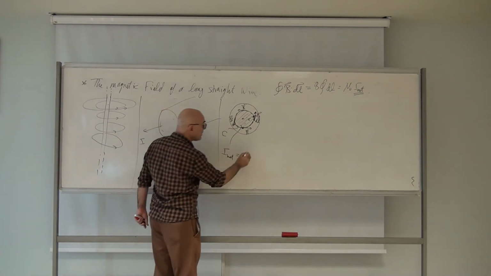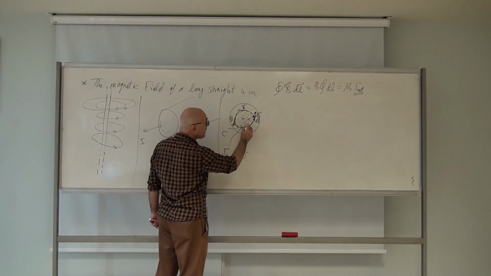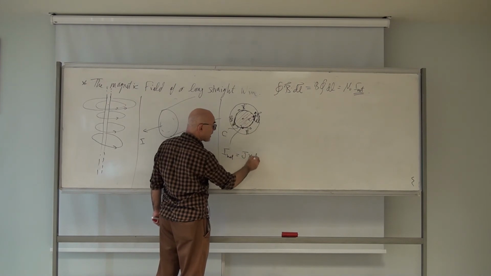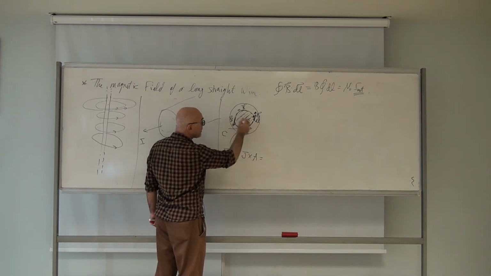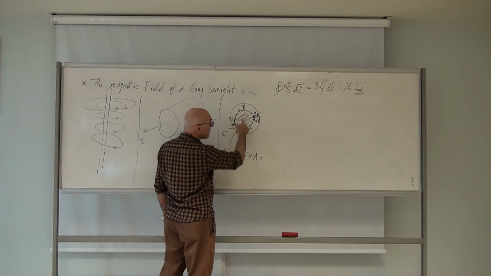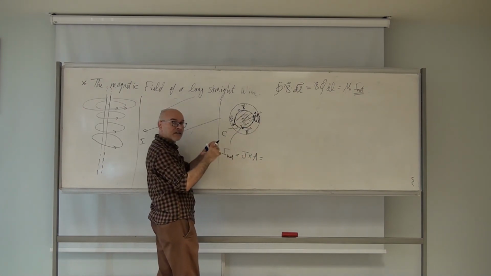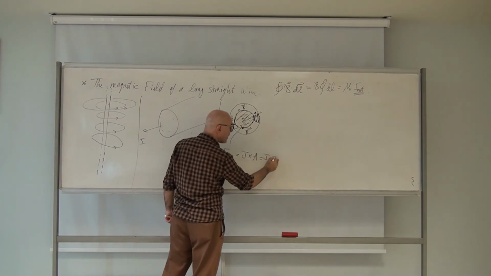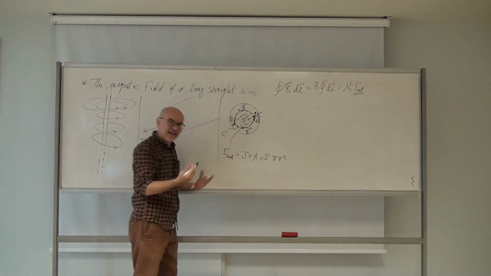I net will be the current density multiplied by the area defined by the contour. This is the area of a circle of radius r, so it is J multiplied by pi r squared. But what is J, the current density?